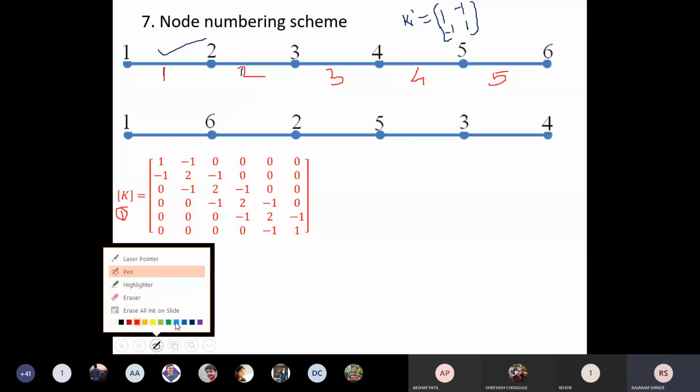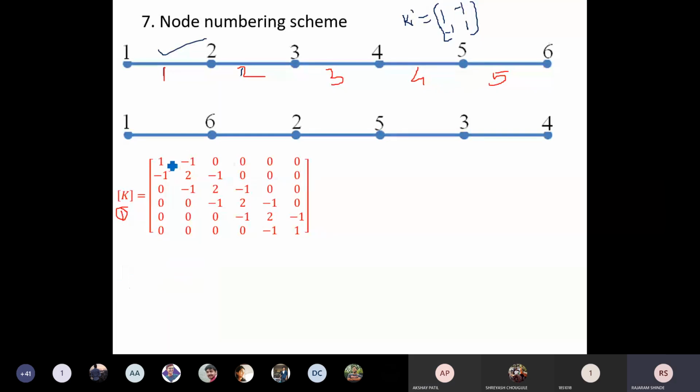Now you see here. Now if you observe the bandwidth here, bandwidth is 2. Okay, bandwidth is 2. Now already I have explained what is the bandwidth and what is the banded matrix. Bandwidth of this matrix is 2.